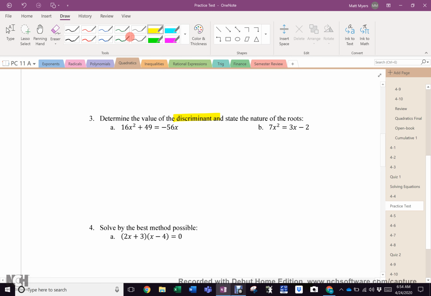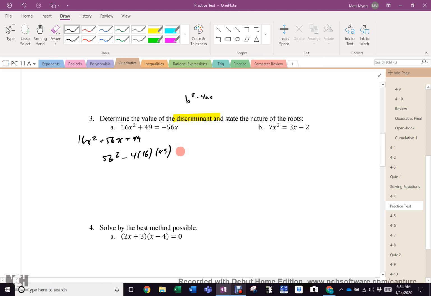So that is 56 squared minus 4 times 16 times 49. Run that through your calculator and you find that that equals 0. Since it equals 0, it has 2 equal roots. But since it has 2 roots, it appears on the graph as 1 x intercept.